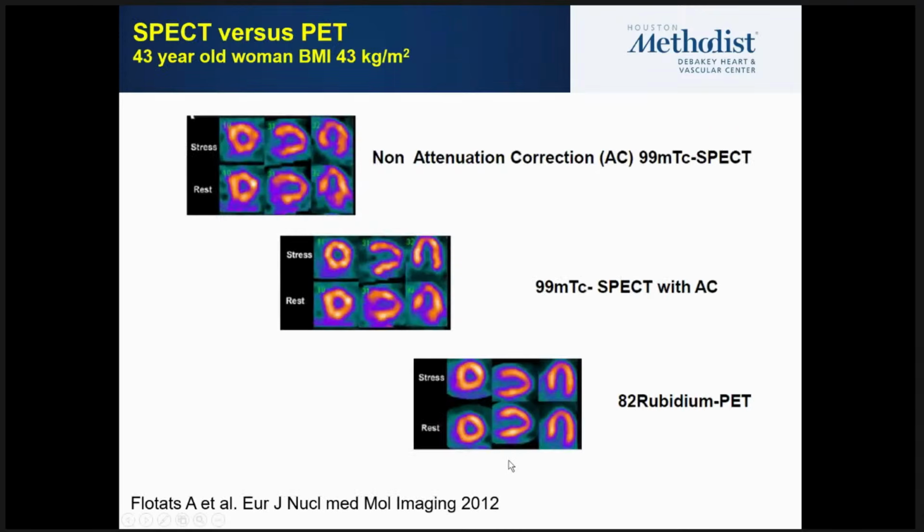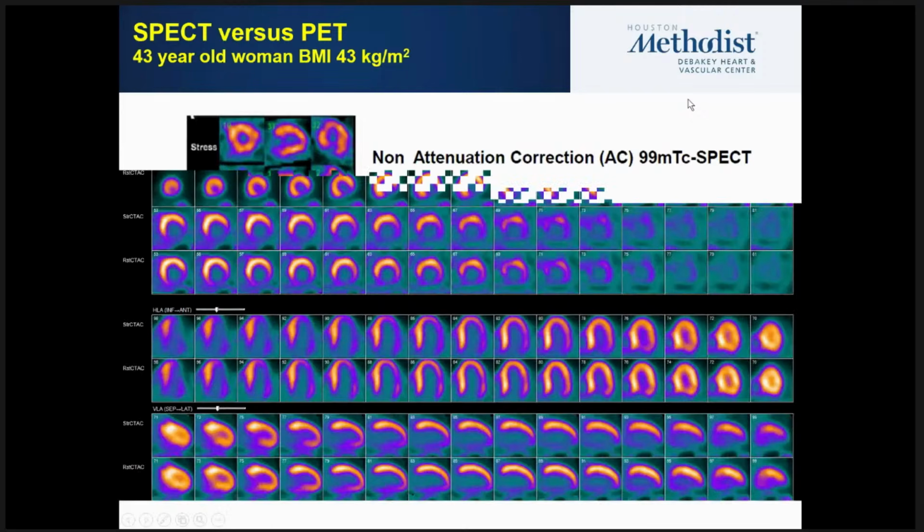You can see that the image quality improves, especially in obese patients. This is a case from the literature, where you see a very obese patient, the kind of image quality we may get with SPECT, and the improvement with rubidium PET. And this is also a case that we can look at here, a patient who has a large perfusion defect. It looks a little bigger on stress, which is on the top row.